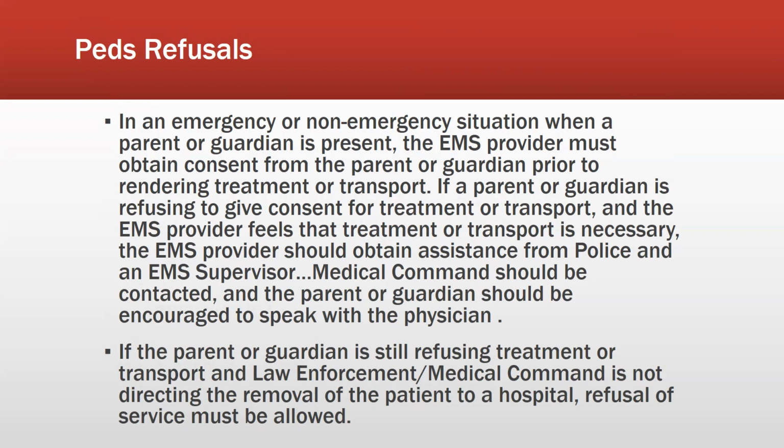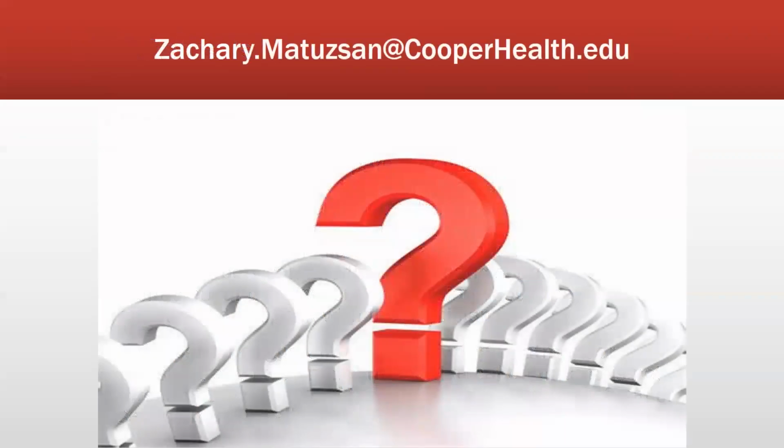If the parent or legal guardian is still refusing and medical command and everybody on scene is comfortable with that, and there's no one directing the removal of the patient to the hospital, then you can grant them the refusal in that instance.